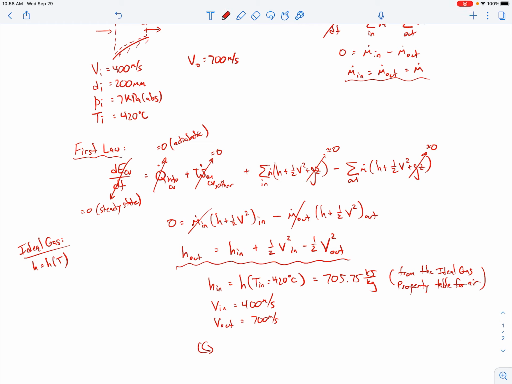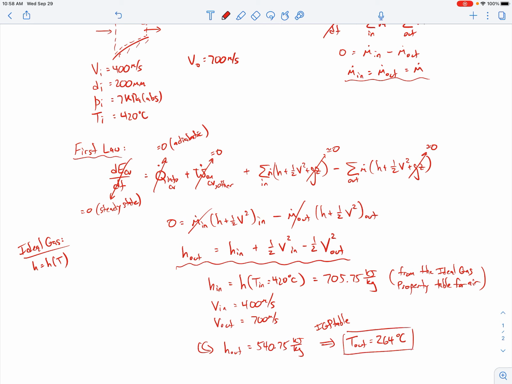If you work all that, you'll get the specific enthalpy out is 540.75 kilojoules per kilogram. Then we can use the ideal gas property tables, again, to find that the temperature out is 264 degrees C.